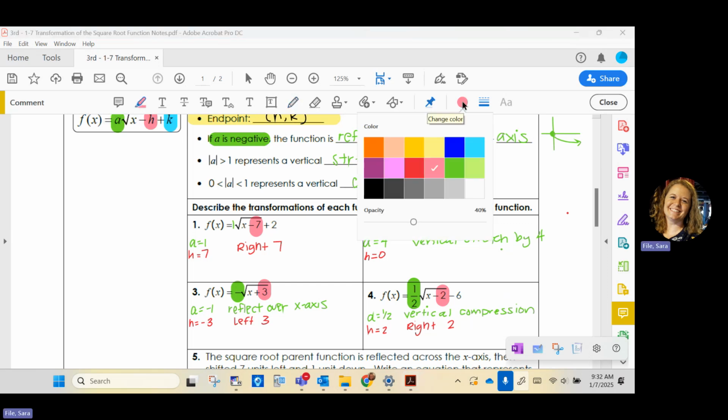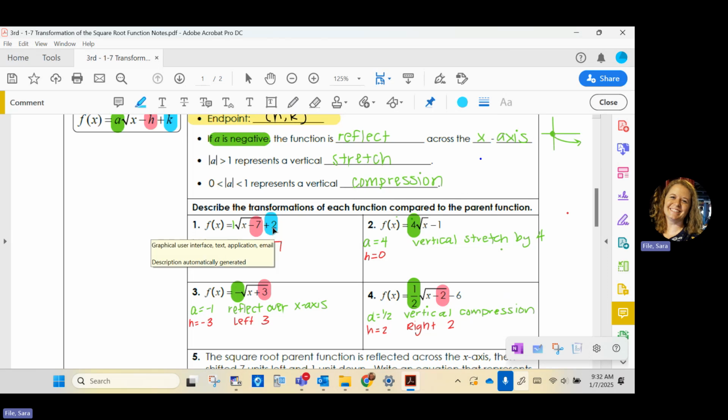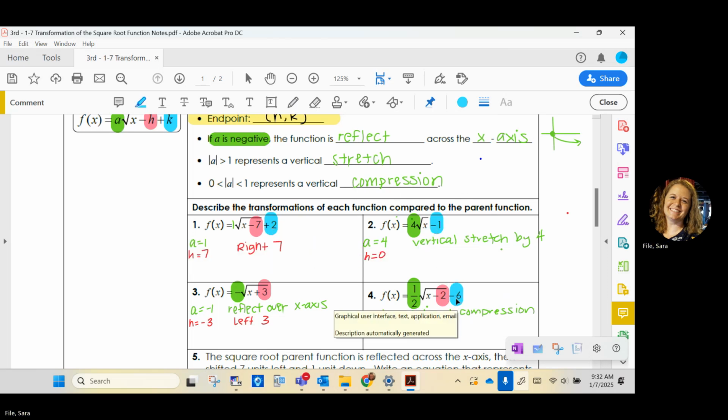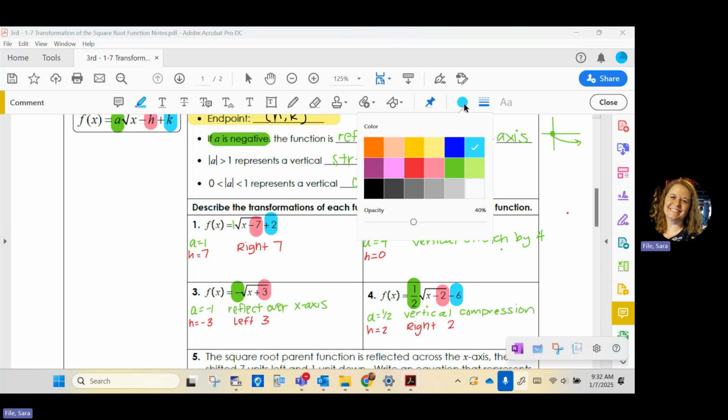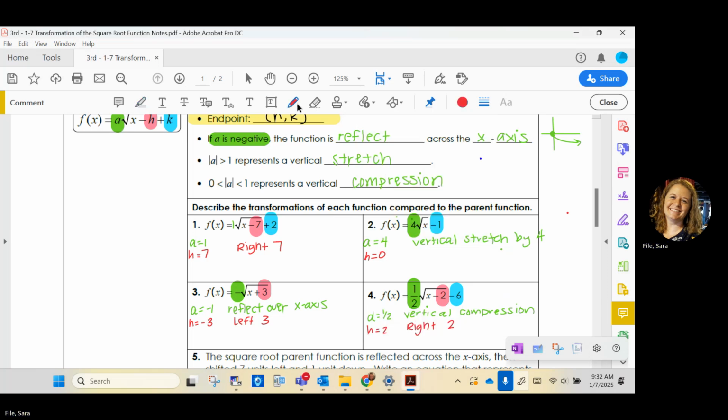All right, last but not least is our K value. Remember, our K is what's added or subtracted on the outside here. Let's identify those. Here that was a positive 2, so that is up 2. Here that is a minus 1, so this is down 1.